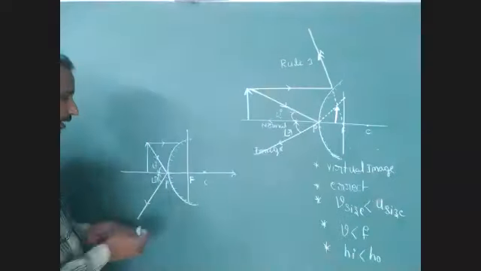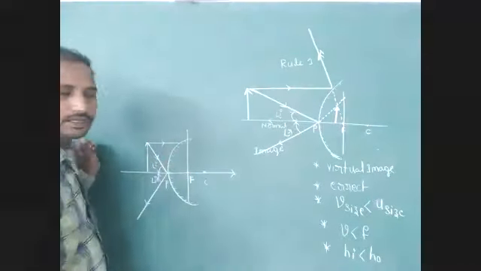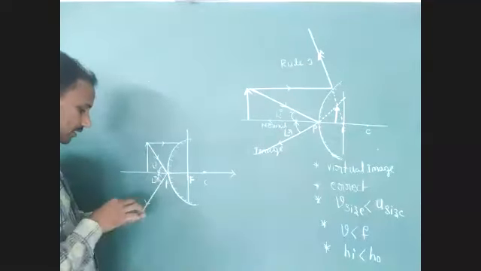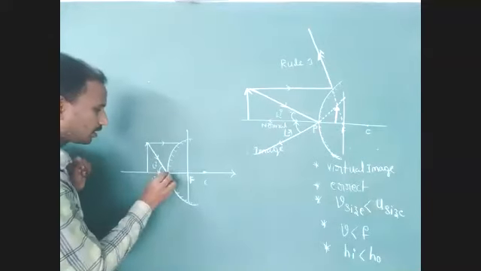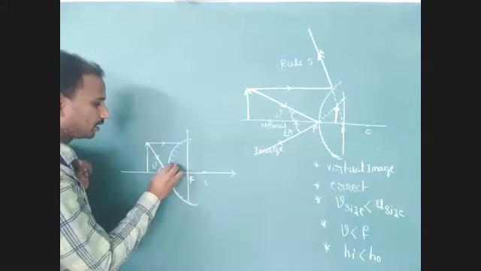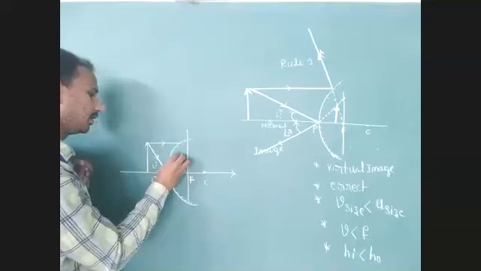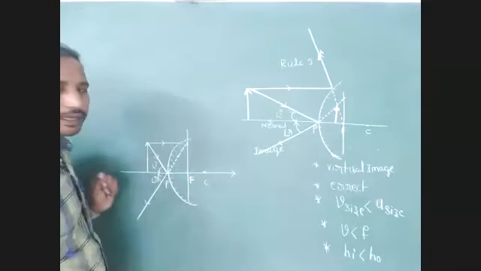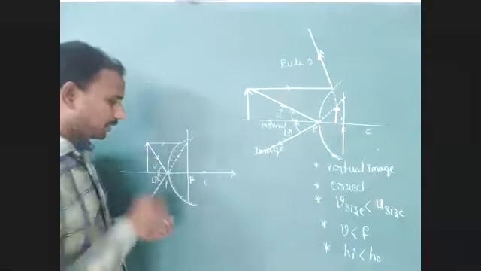Now, the extended reflected ray appears from this perpendicular line. We have to draw this extended reflected ray.